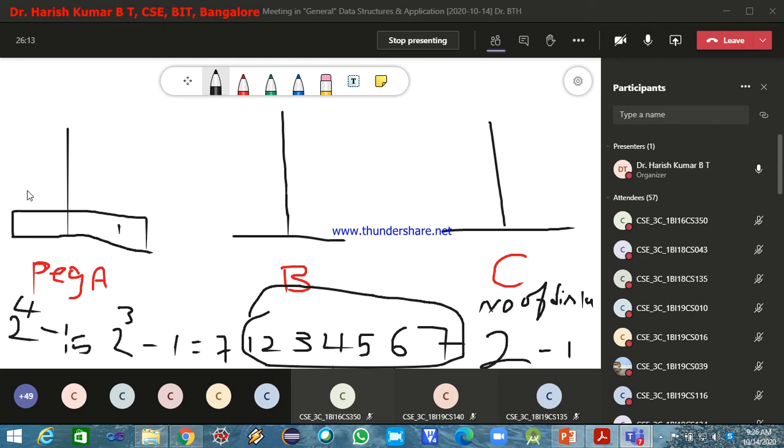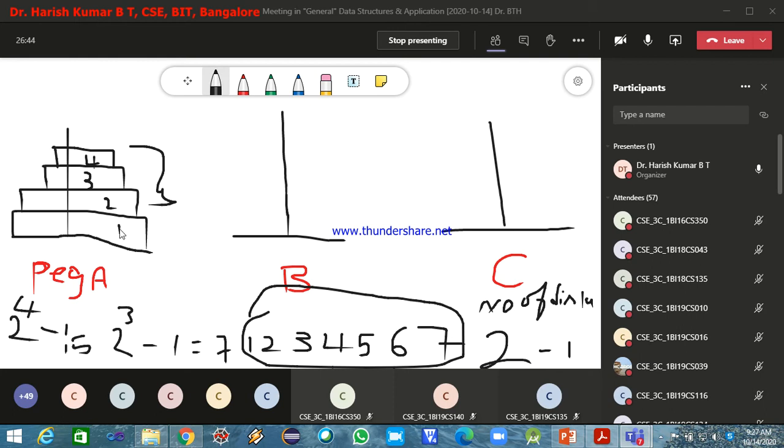1, 2, 3, 4. Okay, what you have to do is move these n minus 1 disks to B using C as auxiliary.